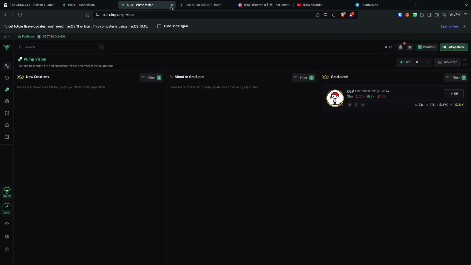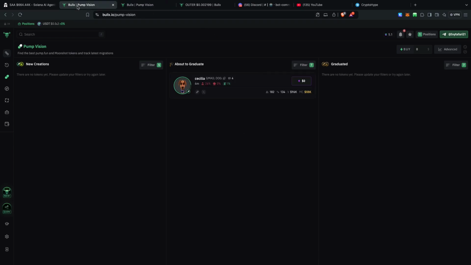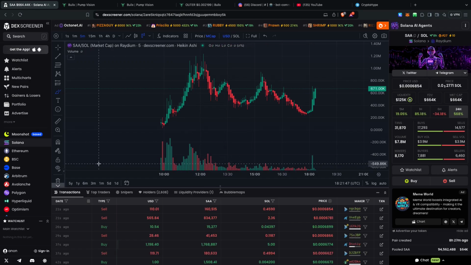Okay, so once you figure out coins that you can most likely look at, and you realize that this thing is actually good, I need to get in and start trading it.